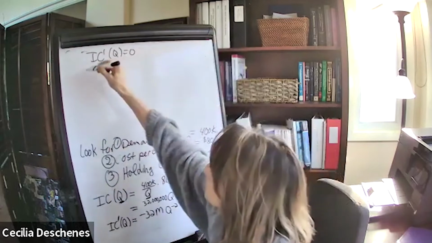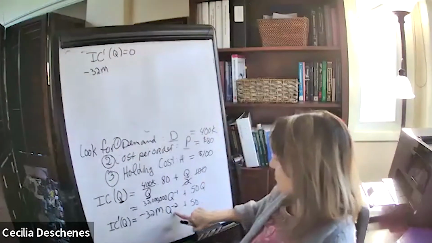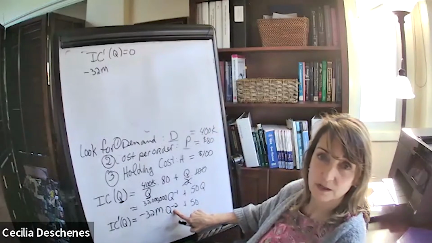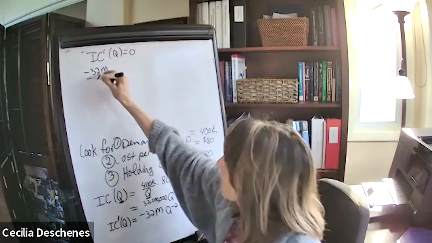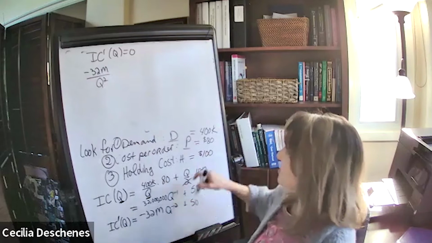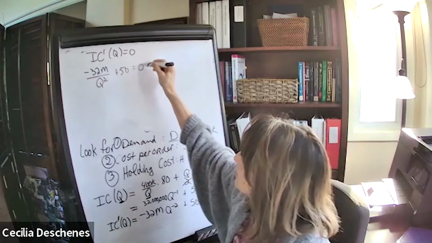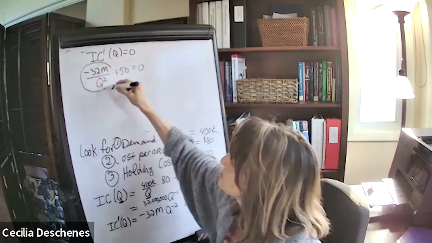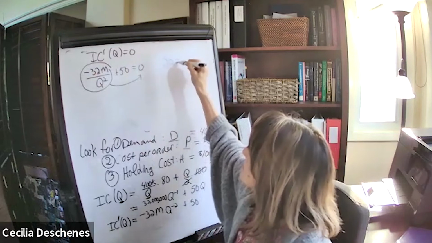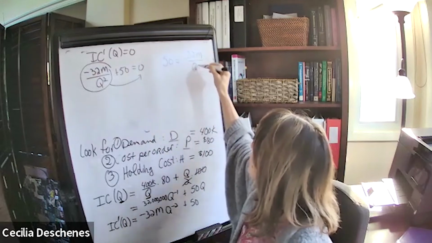So I get minus 32 million, and I'm going to put this Q back in the denominator so that I can solve for Q. So I'm going to bring that up under Q squared, plus 50 equals 0. The first thing I'm going to do is move this over here and make it positive. So I get 50 is equal to 32 million divided by Q squared.